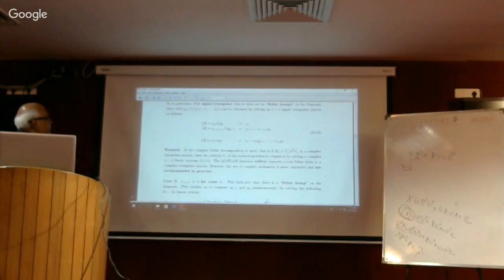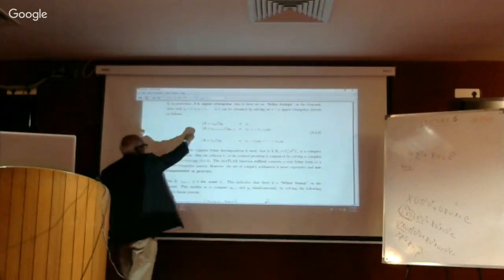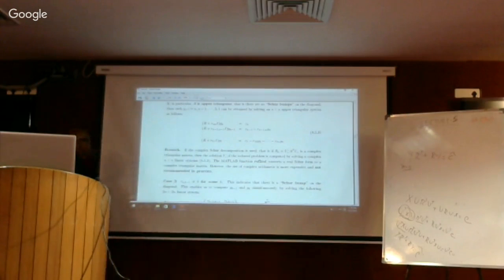In that case, y1, y2 through yn are the n columns of the matrix Y. Then you can see Y R transpose plus R Y equals C hat. Let's call the columns of the matrix C hat C1, C2 up to Cn. If you do that, you get a system to solve.